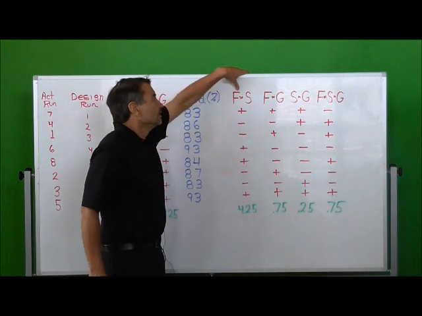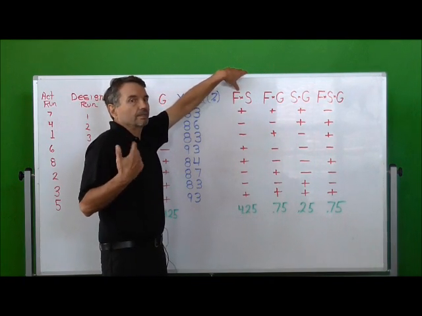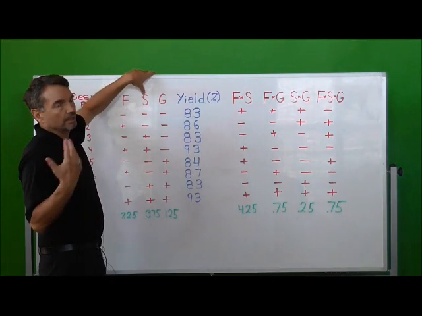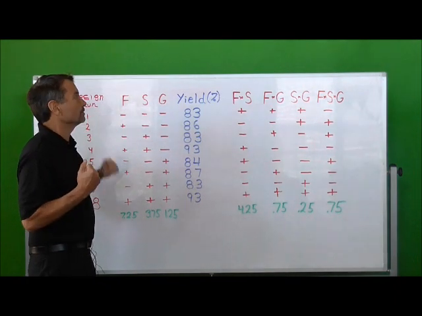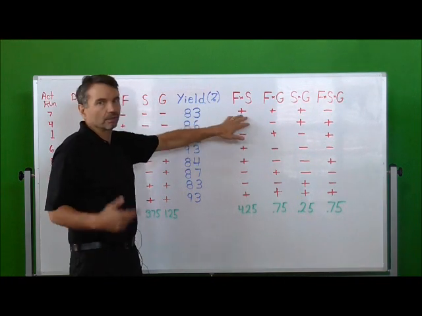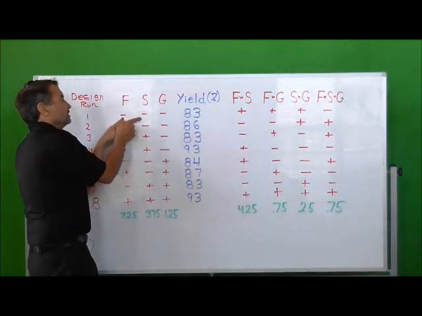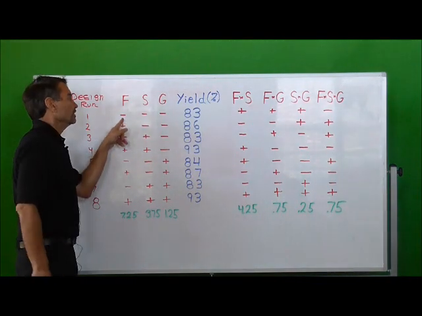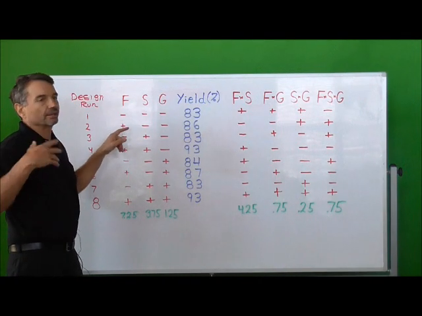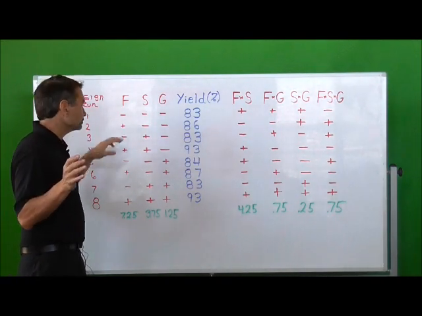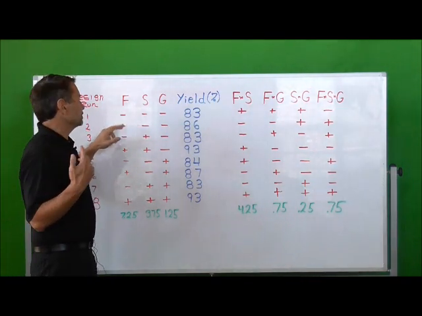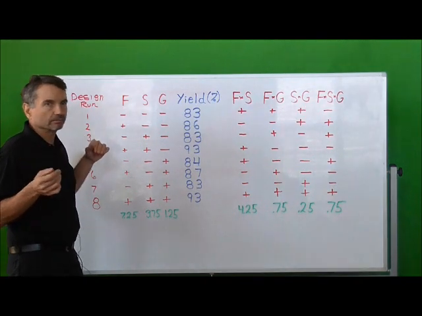What we have over here is coded F times S, or the force-speed interaction between those two variables. We have a plus in our first column and a minus in our second column, continuing on. How do we come up with that? Let's take these two columns and the signs in here. Remember, the minus represented the low level and the plus represented the high level of the design. Let's convert them and put an imaginary 1 in front of each. If you see a plus, it's a plus 1. If you see a minus, it's a minus 1.